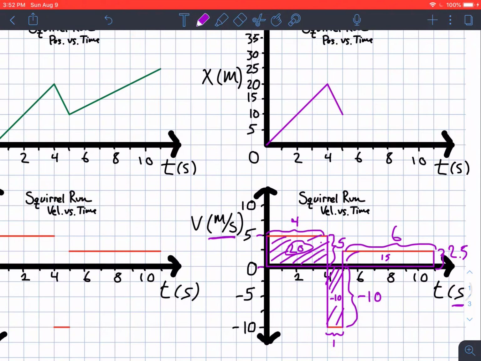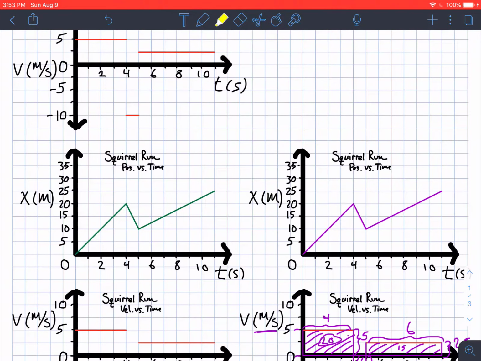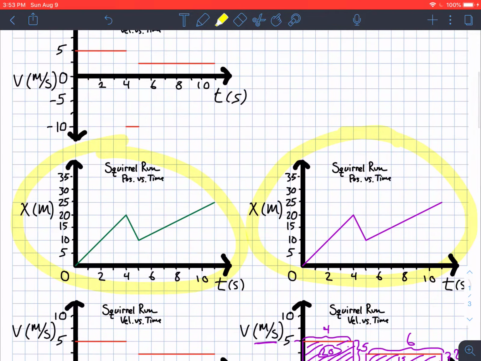So this last rectangle has an area of 15, and so from here I'm just going to draw a line that goes up 15, like so. And I think we can see by looking at this graph and looking at this graph that those are identical. So it works. If we look at the area of the velocity graph, we can get the position graph.